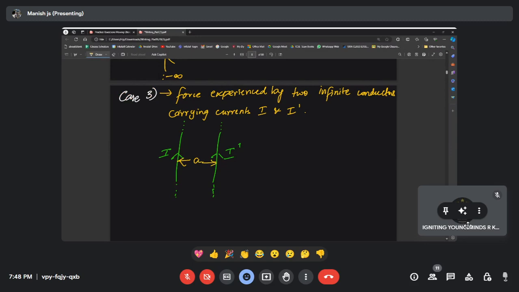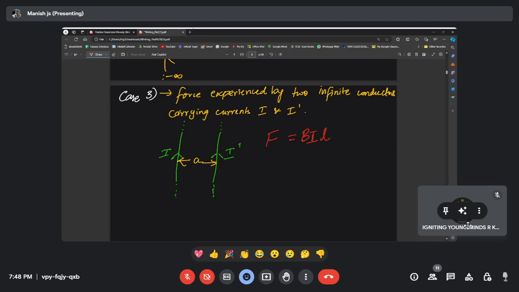Now if this is the case, what is the force experienced by such conductors when there are two conductors carrying different currents, and they have a finite distance between them? In that case, we try to find out the expression for the force. You know that the general expression for force is BIL sine theta, which you can write as BIL.